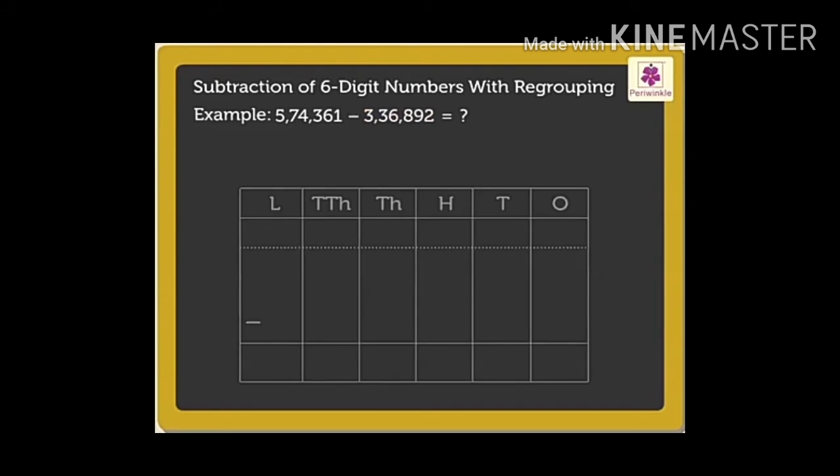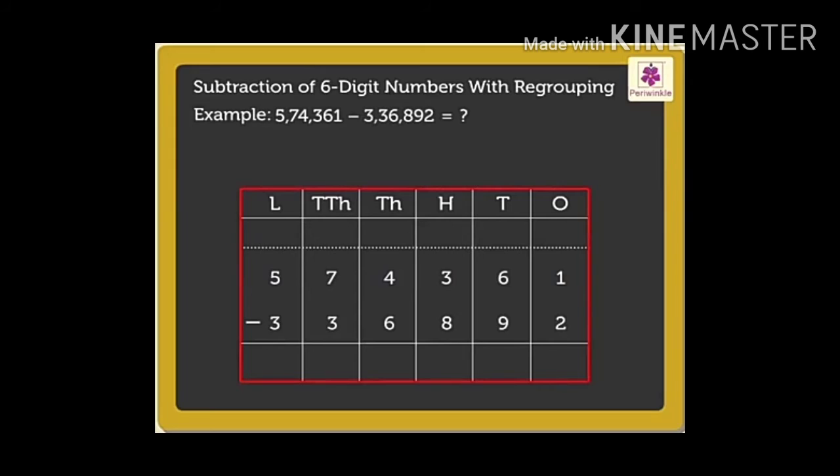So these numbers we have to write in the place value chart. We have to start from the ones place, next towards the left side.